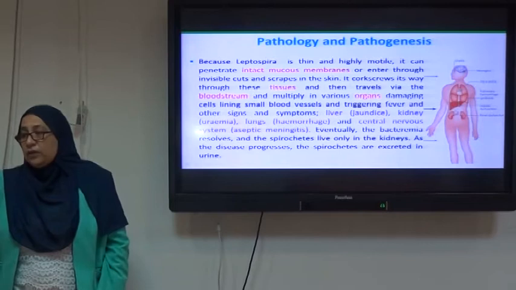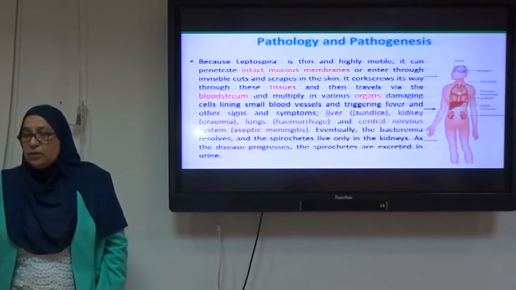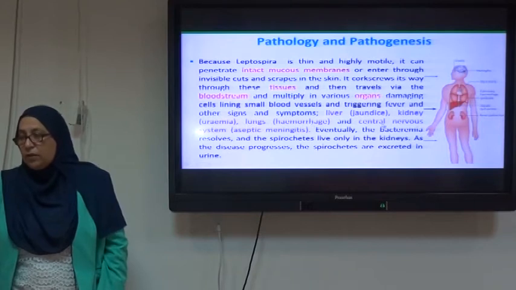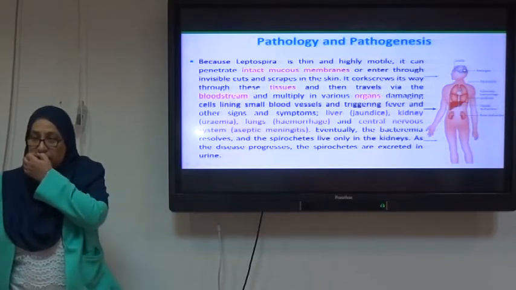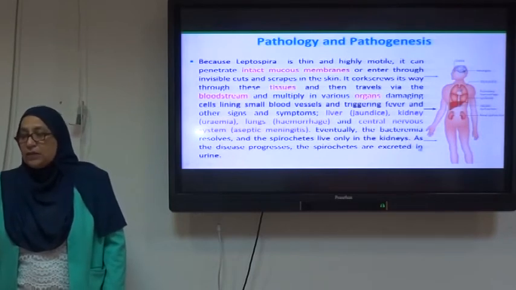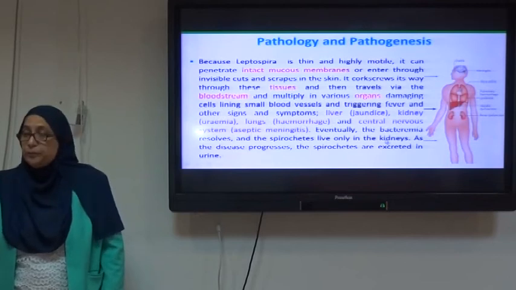When it infects the liver, it causes jaundice; in the kidney, it causes uremia; it causes multi-organ failure in the severe form. In the lung, it causes hemorrhage and hemoptysis. It affects the central nervous system, causing aseptic meningitis. Eventually, the bacteremia resolves and the spirochetes live only in the kidney. As the disease progresses, the spirochetes are excreted in urine.